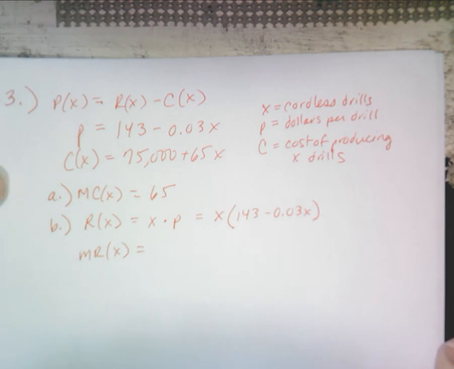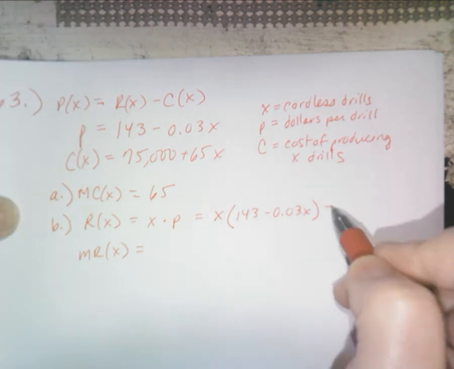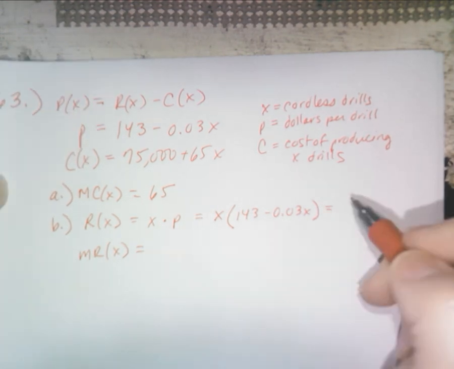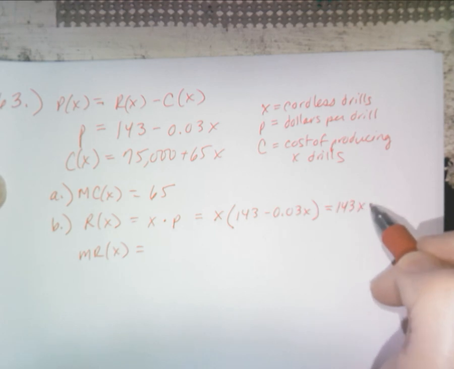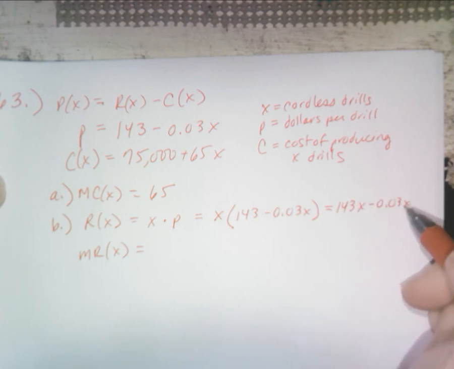And yes, distribute that out because you're going to take a derivative of it anyway. So that would be 143X minus 0.03X squared.